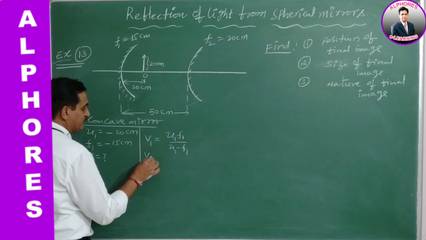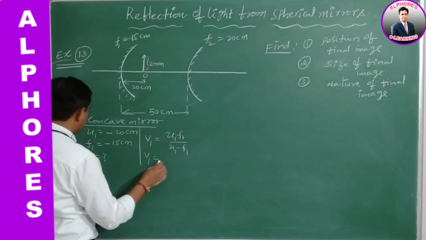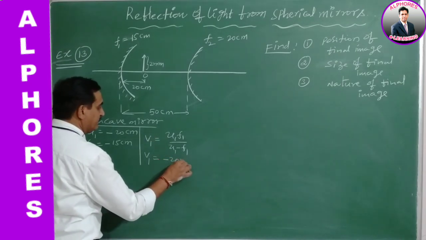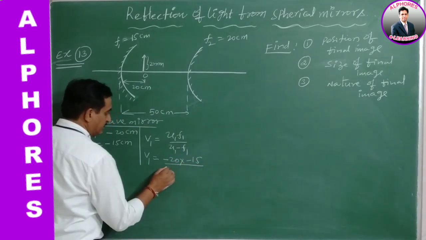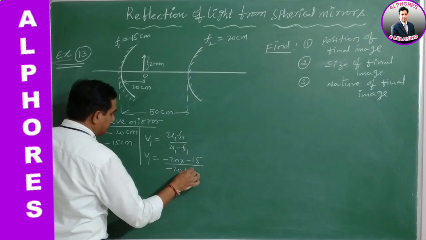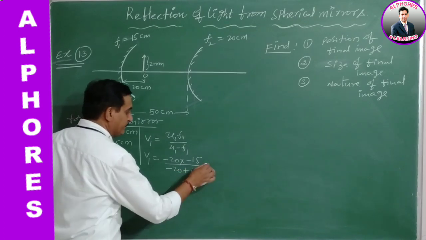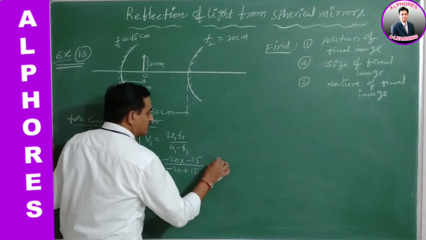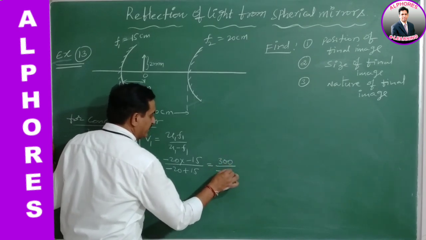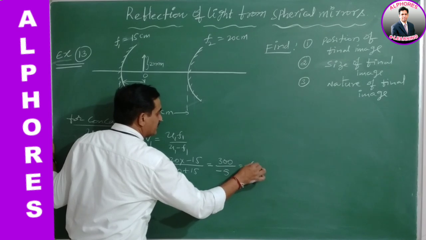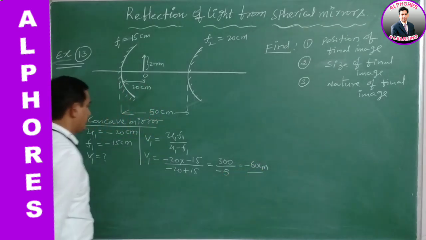Putting the values, u1 is minus 20 into minus 15 by minus 20 plus 15, which gives 300 by minus 5, that is minus 60 centimeters.